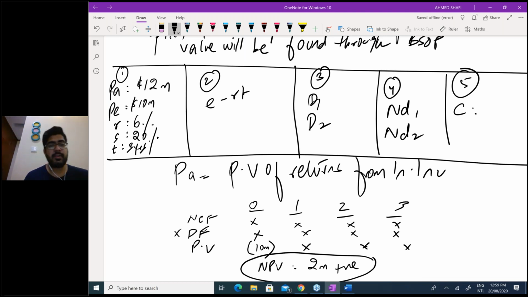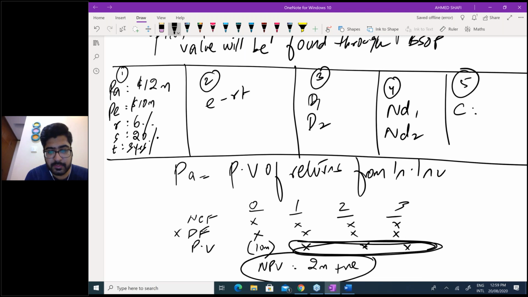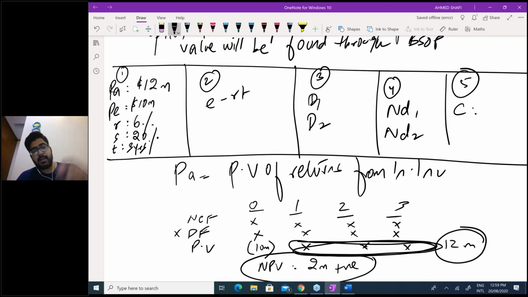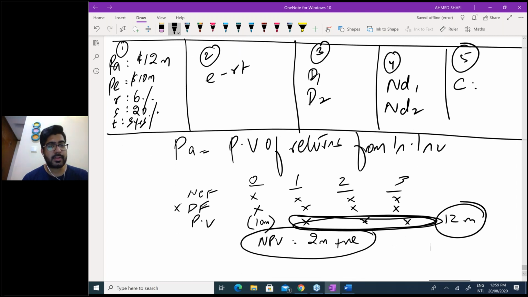PA stands for present value of returns from initial investment. So what would be the present value of returns? These returns have to be 12 million. So 12 minus 10 gives you NPV of 2 million positive. The meaning of PA is not NPV. It's the present value of returns. So if investment is 10 million and NPV is 2 million positive, the returns you got is 12 million. Any more questions on this 12 million? No, it's not being delayed by 3 years, else we would have done this. It's already present value. You need the present value of returns for initial investment.